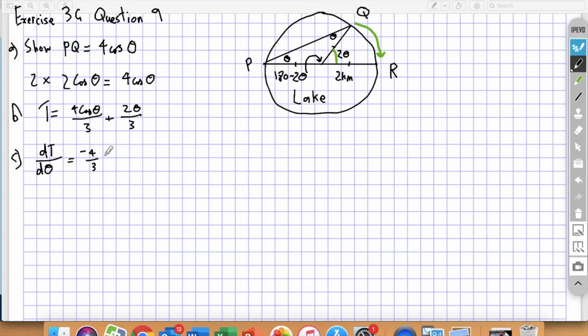We've got minus, all right, plus 2/3 theta. What's the derivative of that? 2/3. Now, treat your thetas like they're x's, yeah? If you had 2/3 x, you'd know the derivative of that was just 2/3, right? Okay. This will equal 0 when?